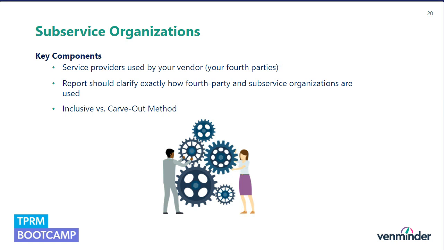These service providers used by your vendor are your fourth parties, and if your third party is critical to your operations, then you have to understand their critical vendor SOC reports. I highly encourage you to request your vendors send you their vendors' SOC reports too, and review them in case they're inadequate or something has changed, especially in our current operating environment. It's important to be in the know, and you're responsible for those fourth parties as well.